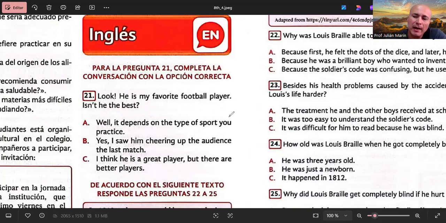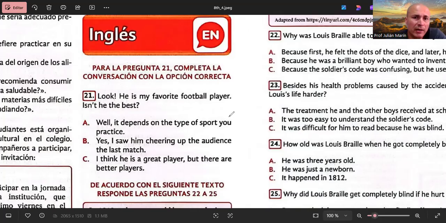This happens intentionally, increasing the difficulty of the test and confirming your level of understanding and knowledge of the language. So let's start here with 21.